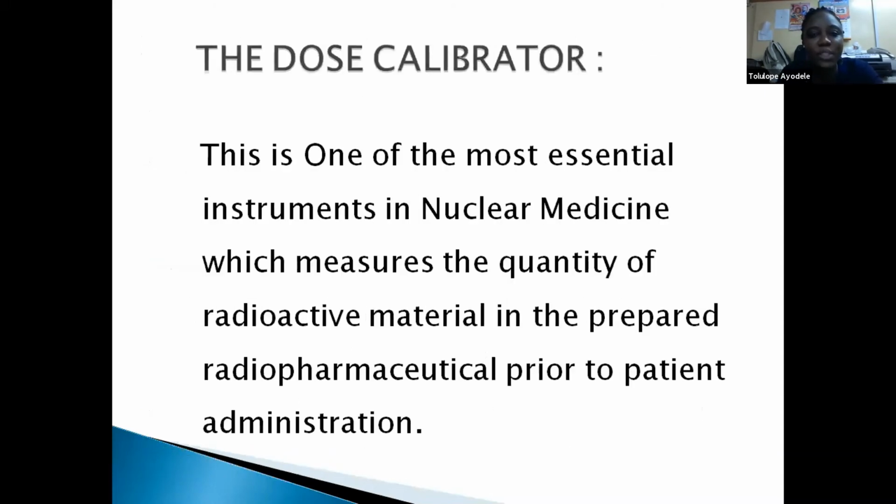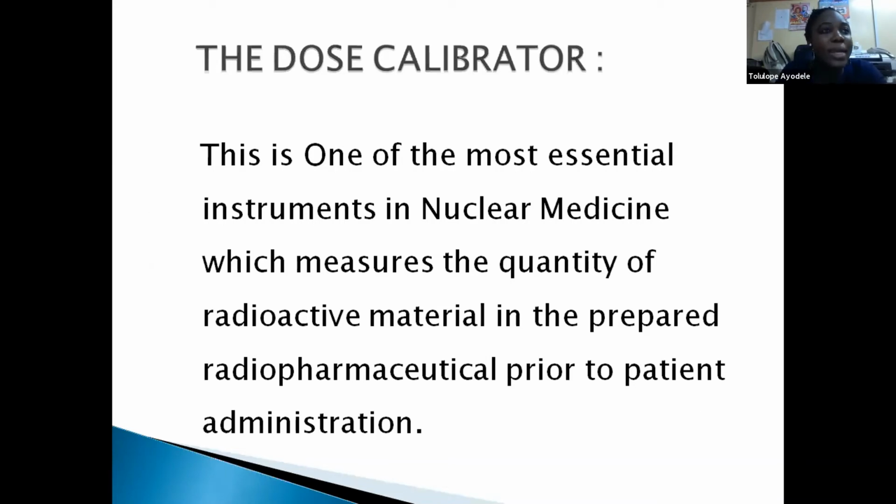So we have the dose calibrator, which is a very essential equipment in nuclear medicine. It is used to measure the quantity of radioactive material in the prepared radiopharmaceutical. Once the radiopharmaceutical has been prepared, you could measure the quantity, the activity, in terms of curie or becquerel.